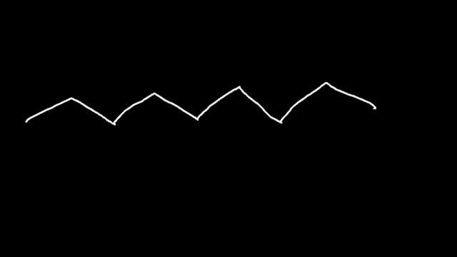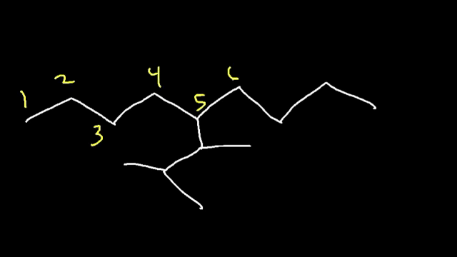Try this one. So let's count the longest chain. 1, 2, 3, 4, 5, 6, 7, 8, 9. But let's check it this way too. 6, 7, 8. So that's not going to work. So then the longest chain is horizontal.